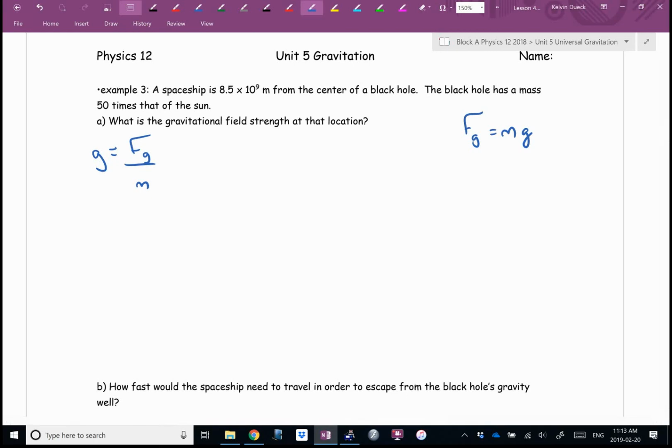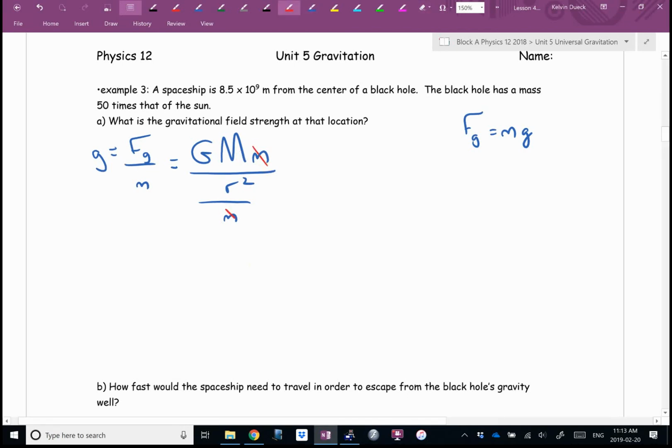Except now, are we going cosmic here? Then this Fg needs to be this equation. Do you see how I turned that into that? And what do you notice happens?